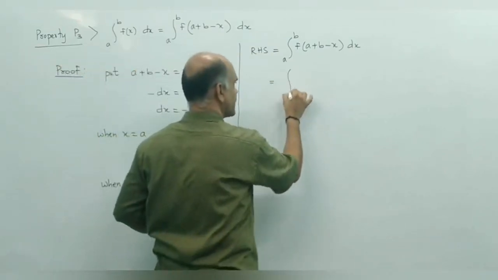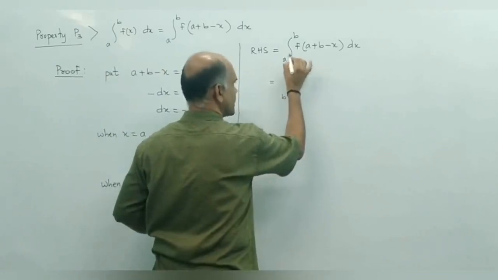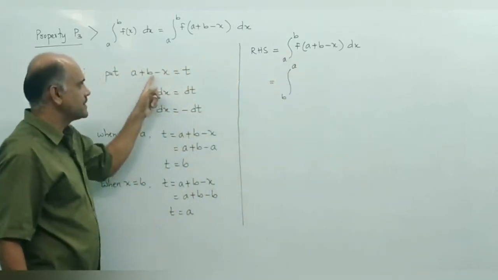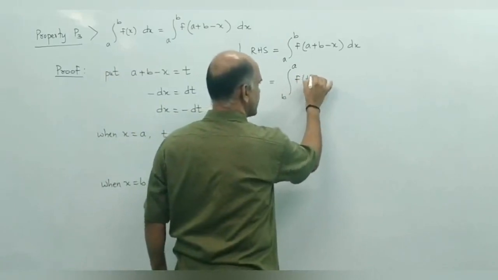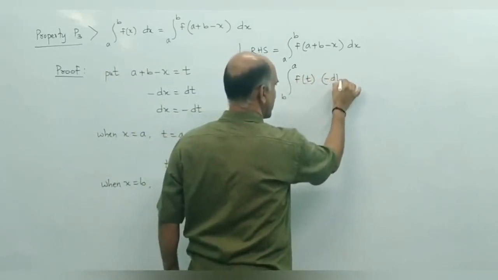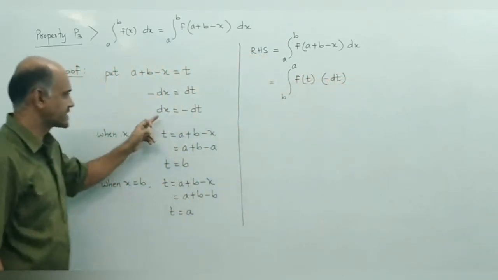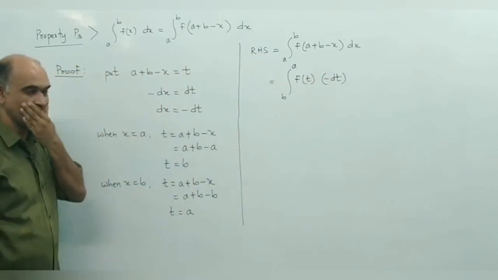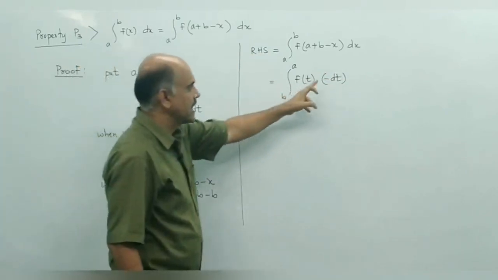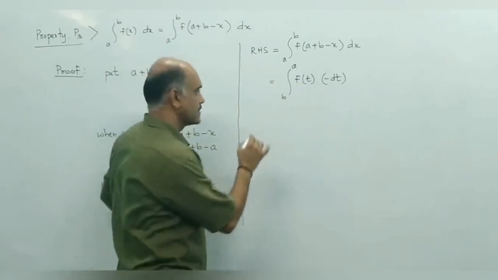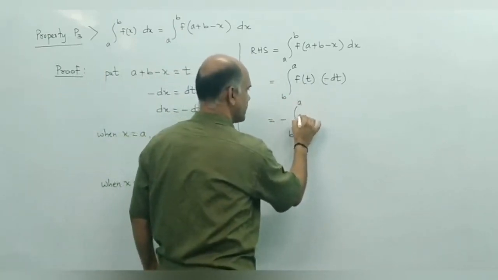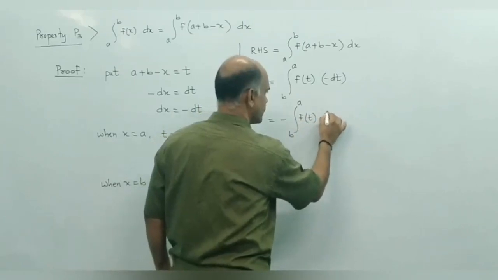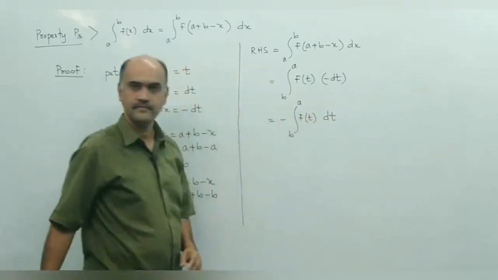So this will be integration from b to a. A plus b minus x is t, so f of t, and dx is minus dt. Now I will take this minus outside. So I will have minus integration b to a f of t dt.